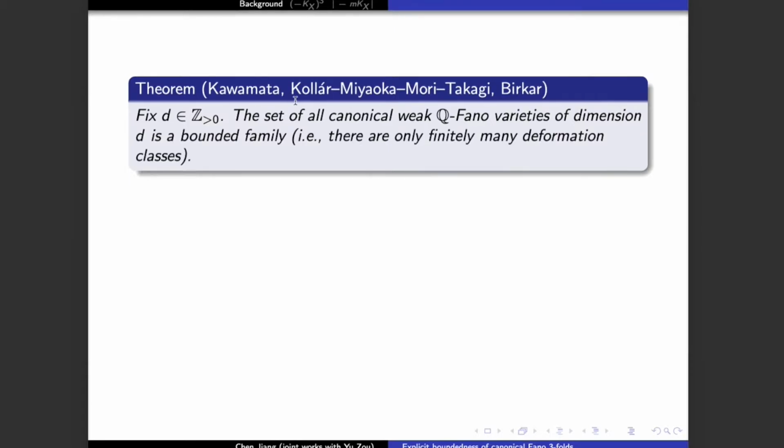This is actually proved in dimension 3 by Kawamata and Kollár-Miyaoka-Mori-Takagi, and in any dimension by Birkar. So the importance of this theorem is that it is possible to classify all weak Q-Fano varieties with canonical singularities in a fixed dimension, because there are only finitely many families. In any sense, it should be classified in the end. But of course, this is a very difficult problem, I think even in dimension 3.